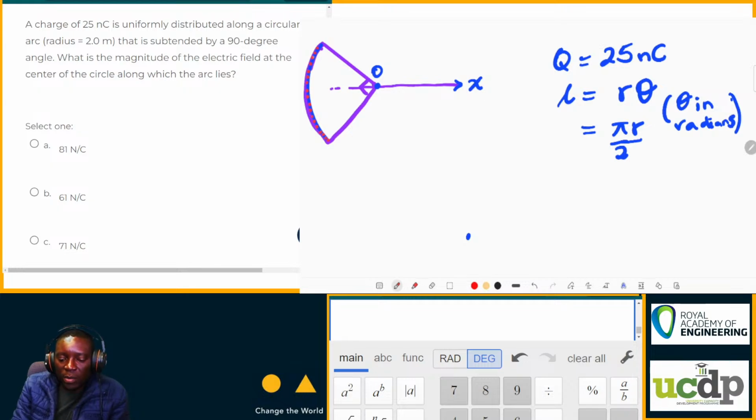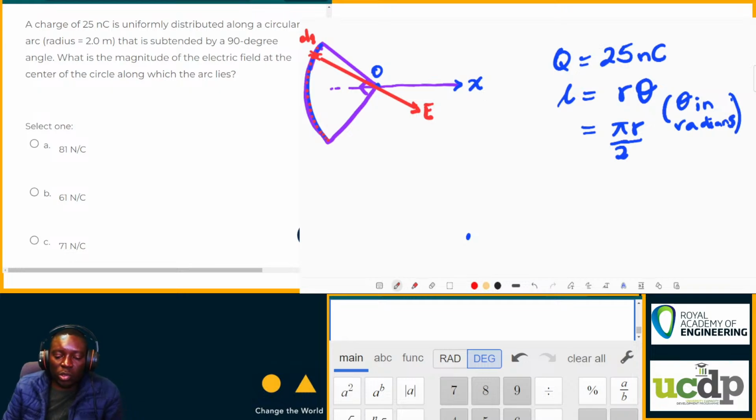So if we take a small element, dq, maybe that element there, it contributes to an electric field that passes through that point in that direction, and we'll call it dE. That small element dq has a length r d theta, because it will also have its own small component of the angle theta. So this is dE.